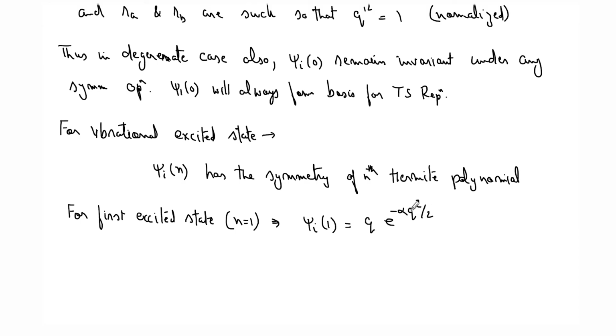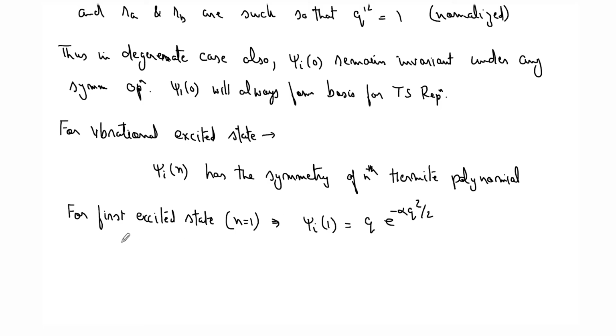Now q square is totally symmetric representation, so this does not contribute to symmetry. The symmetry contribution comes from q. So whatever is the symmetry of the normal coordinate, that will be the symmetry of the first excited state, right? The symmetry of normal coordinate is coming from symmetry of the corresponding normal mode. So that means the first excited state will have symmetry of the normal mode itself.